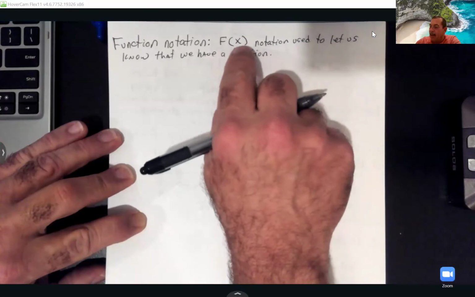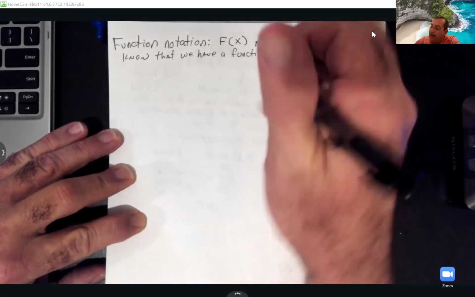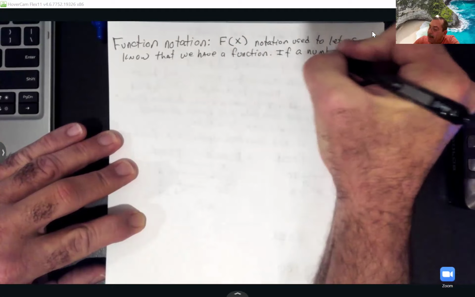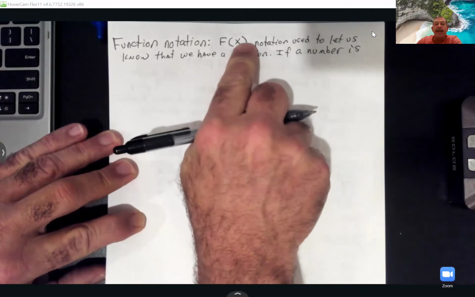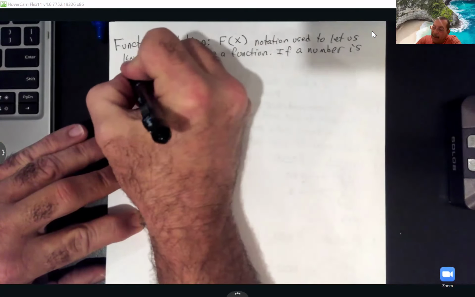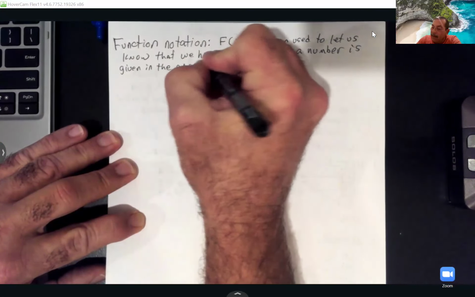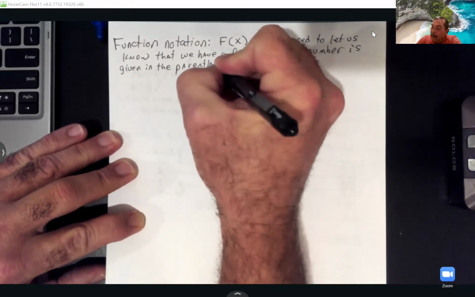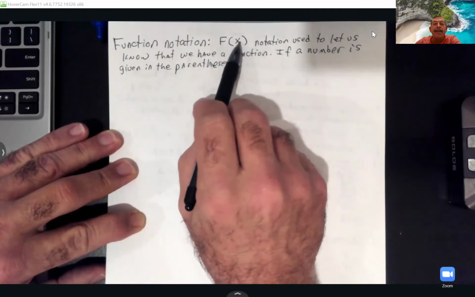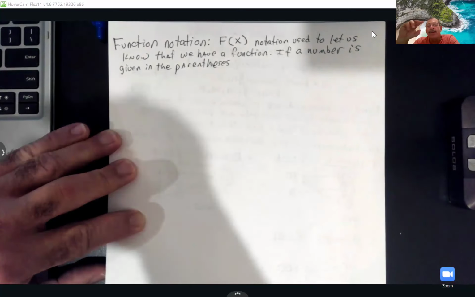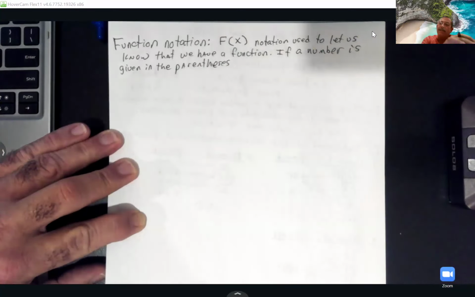Now, here's the thing. When they put a number in for the variable, so if a number is given in the parentheses, and they could even put different letters in here. So if they put different letters than the actual variable, then they want us to put this thing into the function in place of the variable.